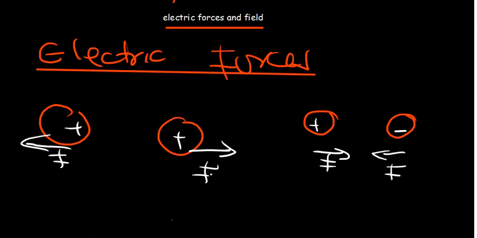So, upon knowing that like charges repel and unlike charges attract, we can also have an object or a material which doesn't have any charge. The material is neutral. Now we can make that material charged. How can you charge a material?